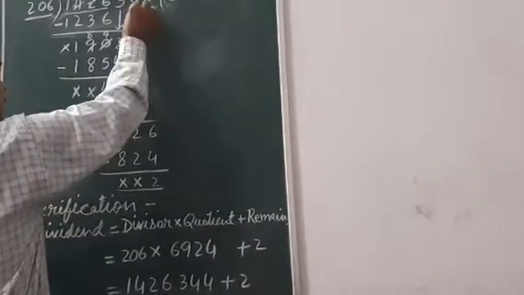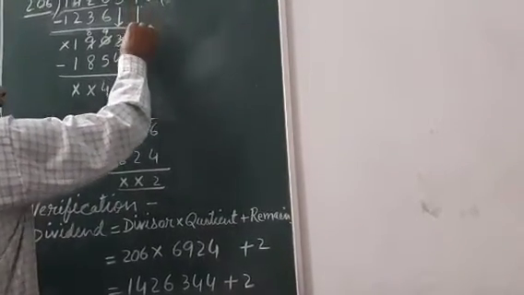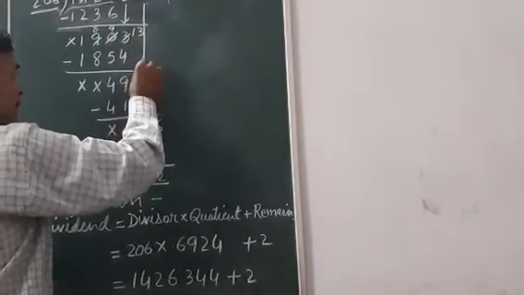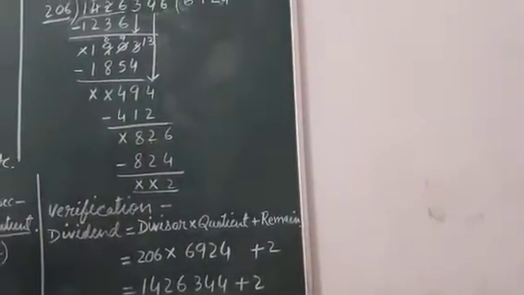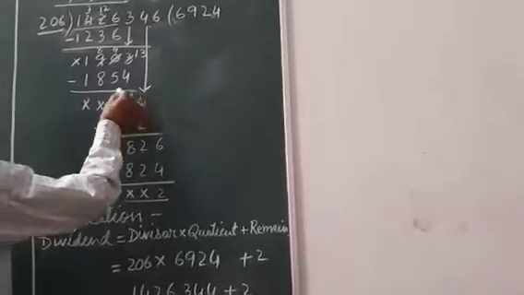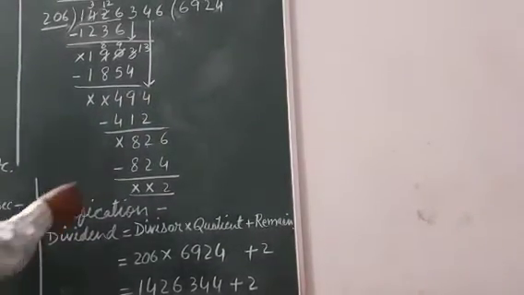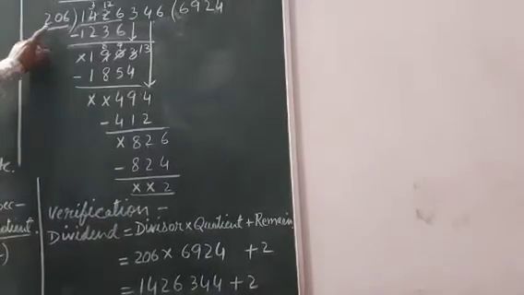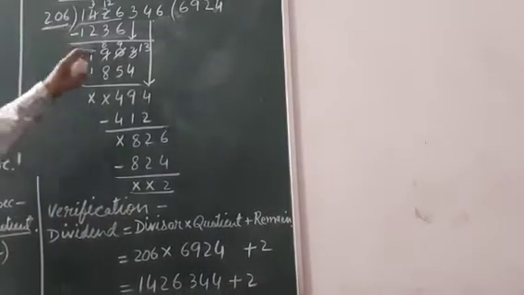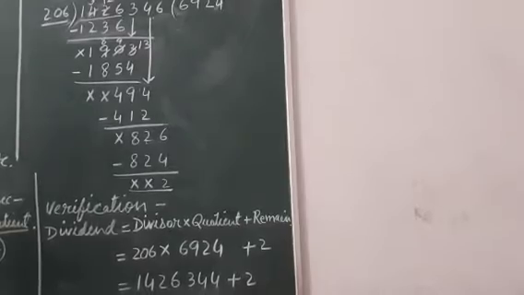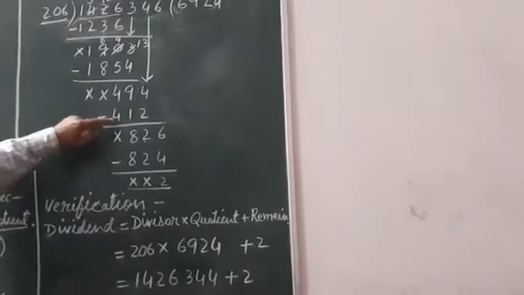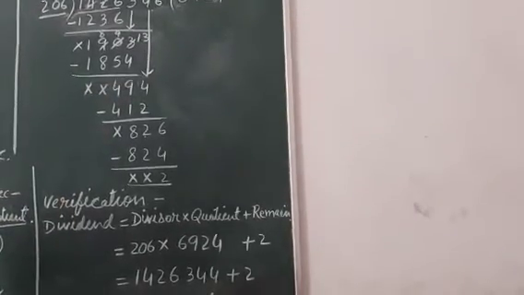Now after 3 we can see there is another digit 4. It is brought down here after 9. The number formed here is 494. Again, we will multiply 206 by 2, 3, 4, 5, 6, etc. And we will find a number which is just smaller than 494.